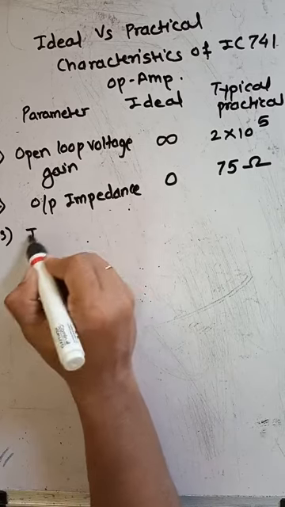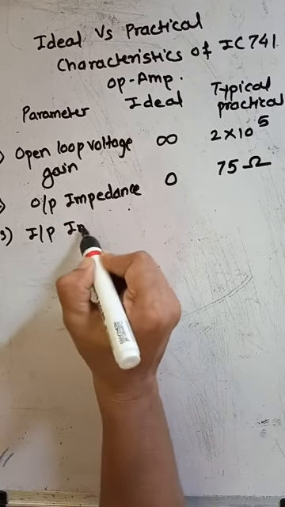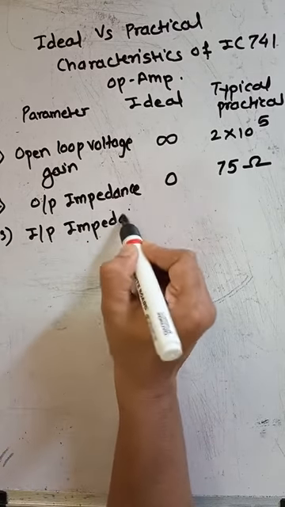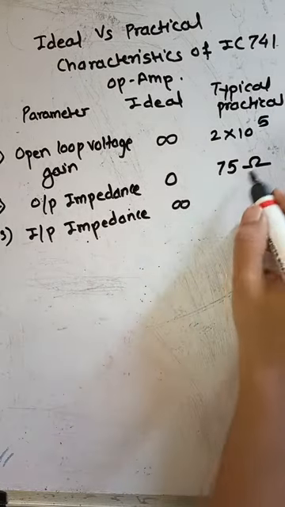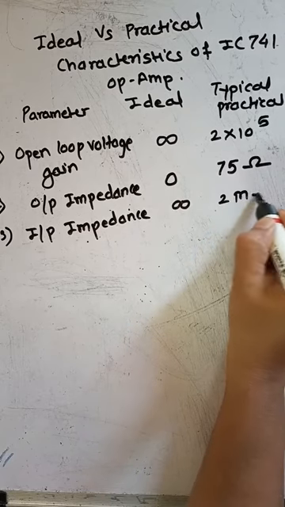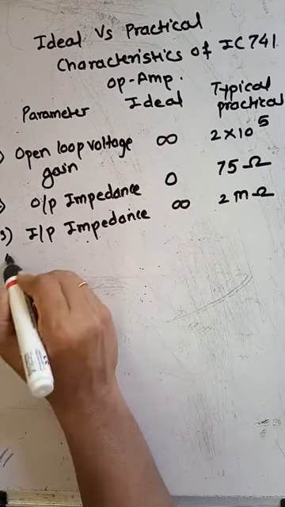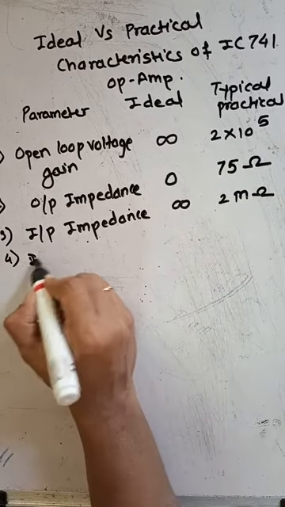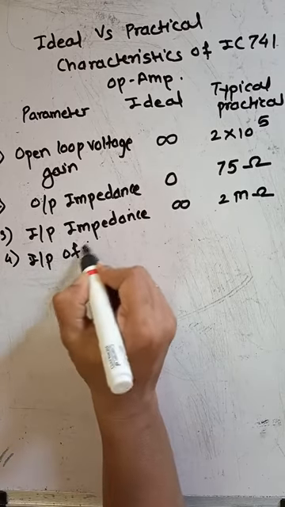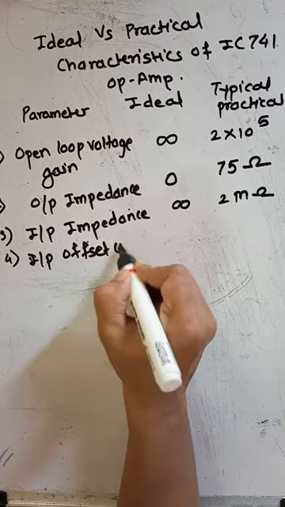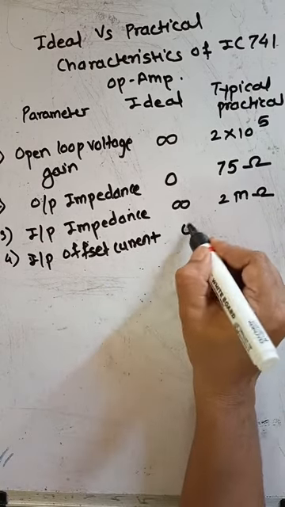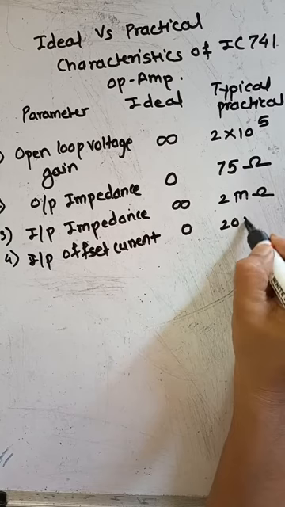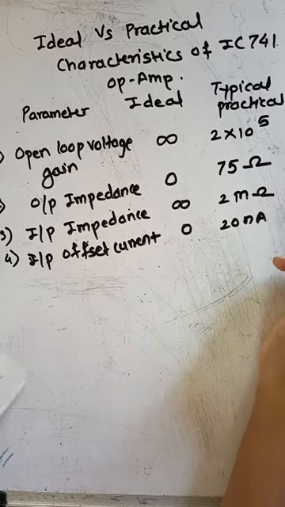Then input impedance of operational amplifier, ideally it is infinite but practically it is 2 mega ohm. Then input offset current of op-amp, ideally it is 0 but practically it is 20 nano ampere.